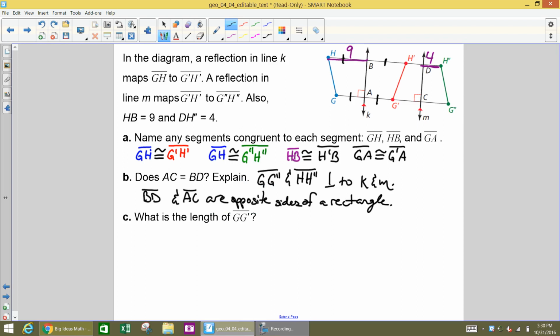If they're opposite sides of a rectangle, then they have to be the same distance. So you can mark that here.